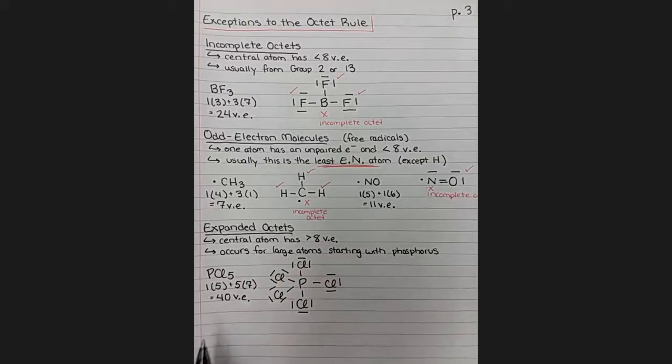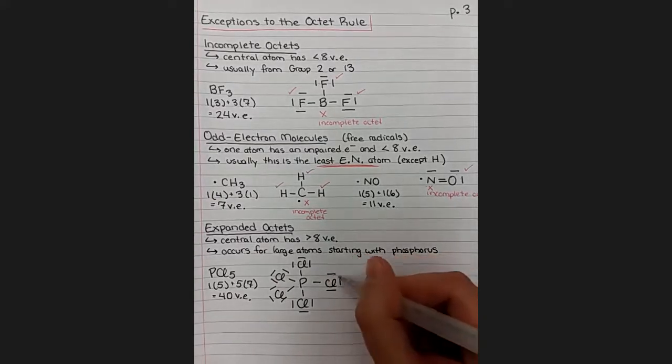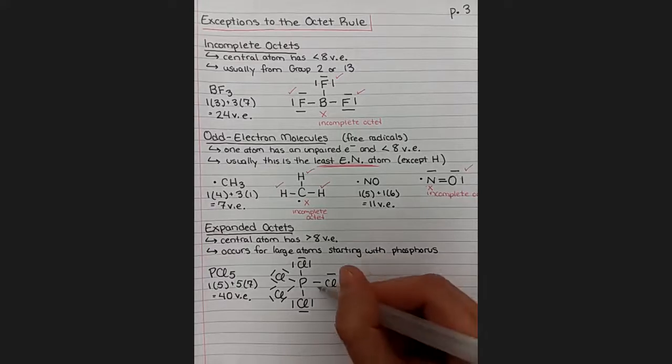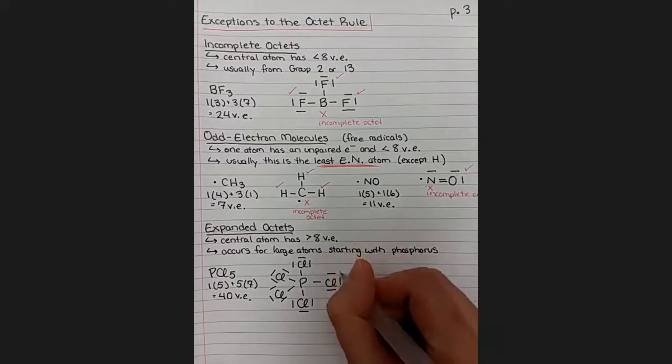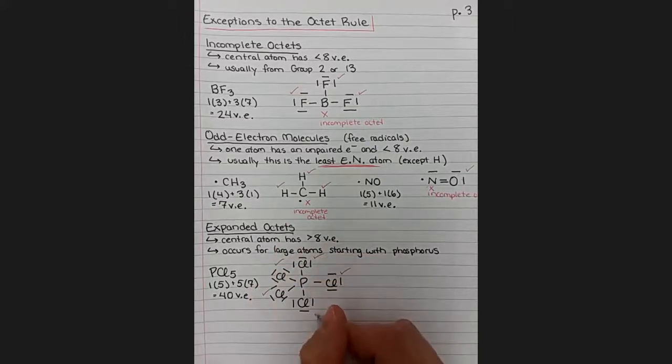So we've used up all of our valence electrons, and let's see if we were able to satisfy the octets of everybody. So each of the chlorines has 2, 4, 6 lone pair electrons, 8 bonding electrons. So those 5 are good. And the phosphorus has 2, 4, 6, 8, 10.